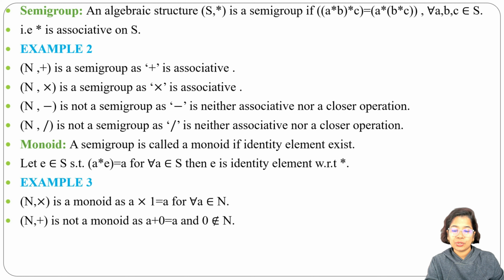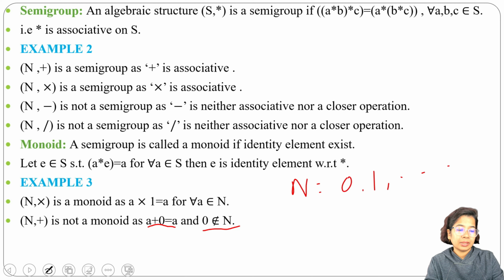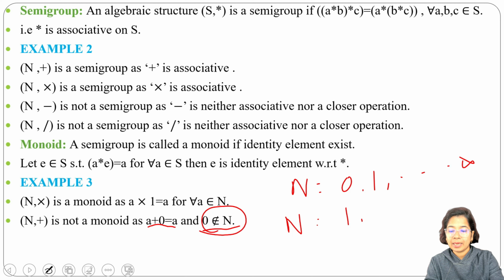N plus is not a monoid, as a plus 0 equals a and 0 doesn't belong to N. In some books you will see N considered as 0, 1, then all the positive integers. In some books you will see N start from 1. So it varies from book to book. Here we are considering N to contain all the positive integers without 0. As 0 doesn't belong to N, hence plus is not a monoid.